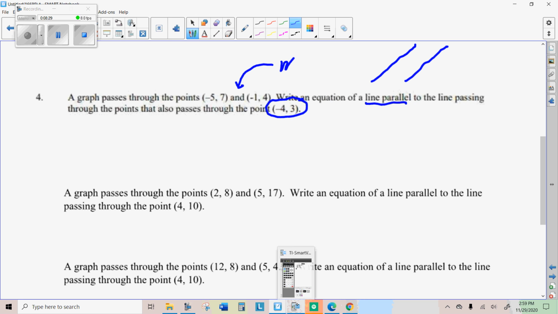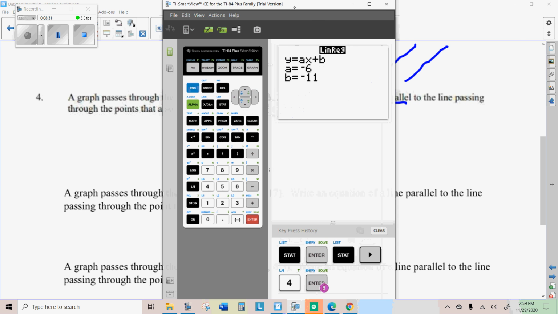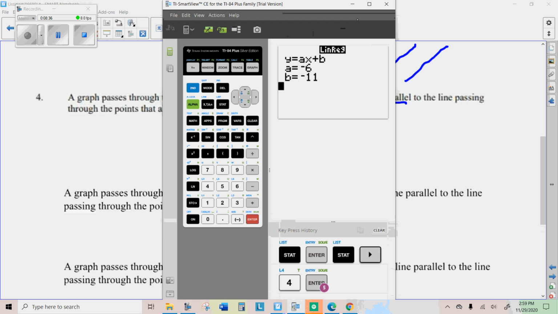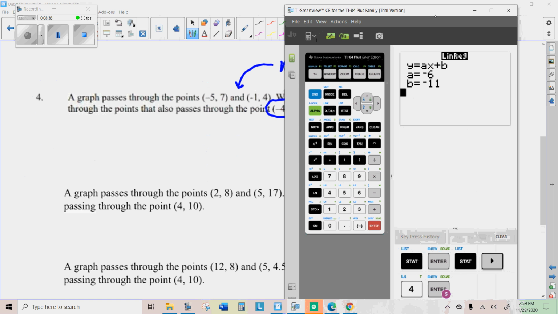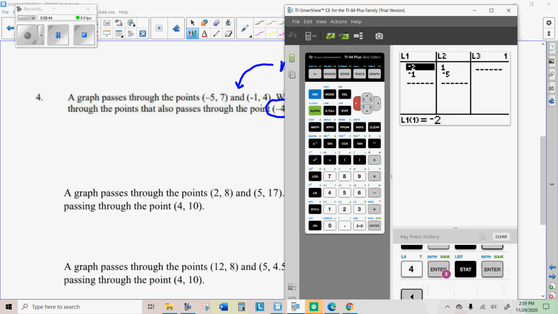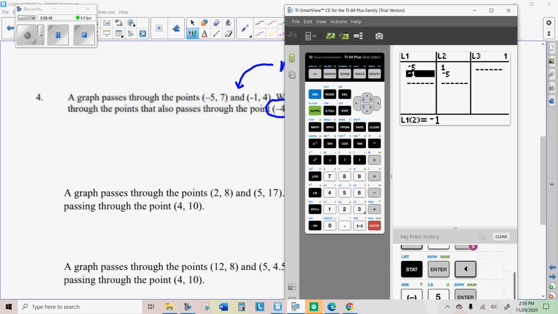I'm going to do that the quick way. Go to my calculator and put in the 2 points. -5 and -1 are my 2 x's, and then my y's are 7 and 4.